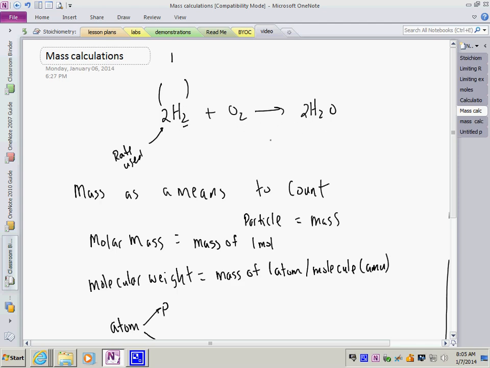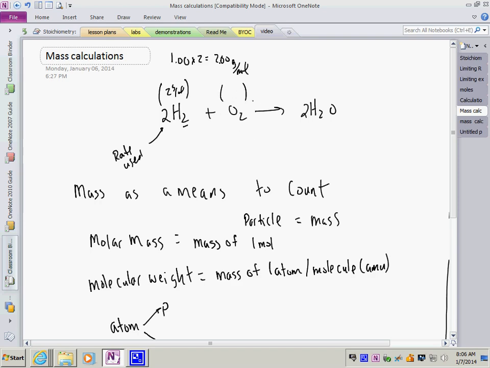In a different chemical reaction, hydrogen could have a different number here. Again, this is inherently how heavy the individual particles are. So there are 2 hydrogens here, so 1.00 times 2 equals 2.00, and the unit on this would be grams per mole, right? And 2 grams per mole.